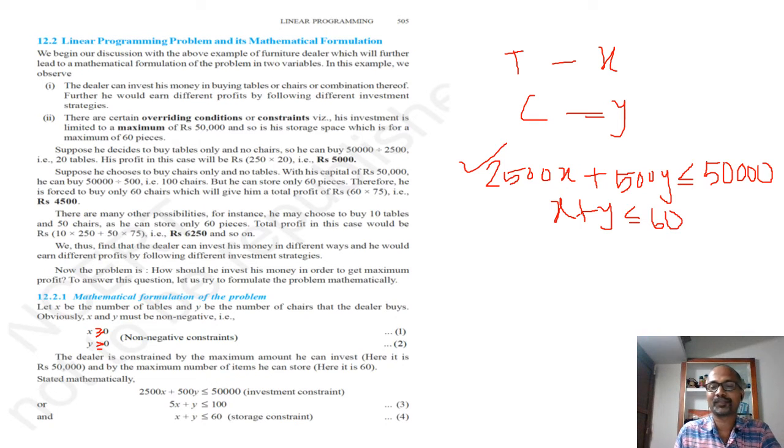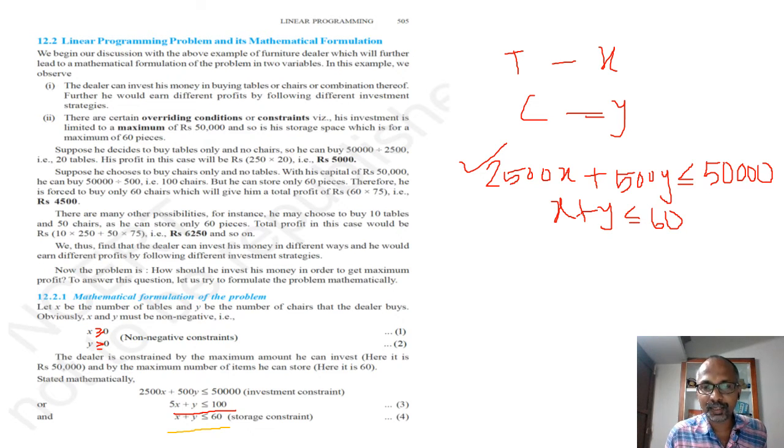Correct? And this is simplified after cancellation, dividing by 500, so that you get this equation, 5x plus y less than or equal to 100, and the second is x plus y less than or equal to 60.